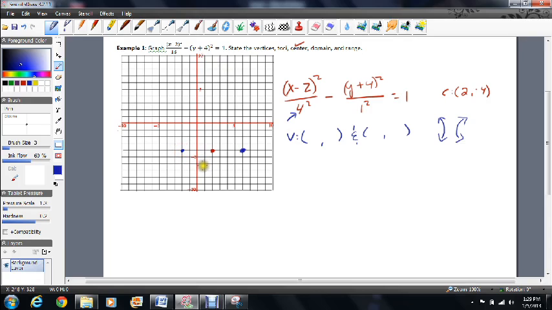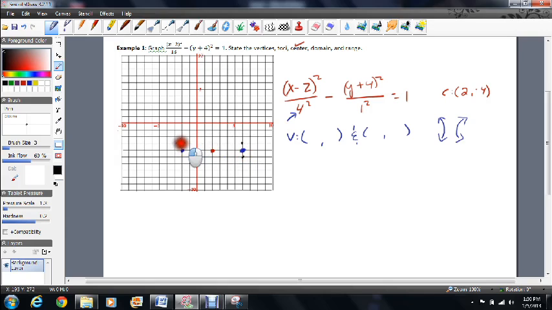Very similar to before, in order to make our box, we need to also use this b value here. This box really isn't part of our graph. I'm going to change the color again. What we did last week was we went over 4 and up 1. We also went over 4 and down 1. We did this in every single direction.